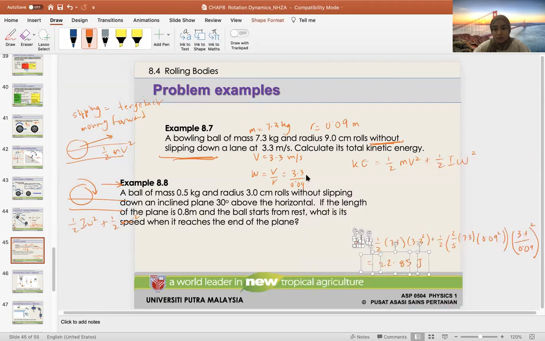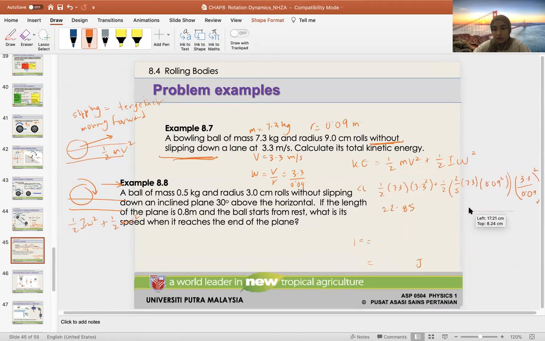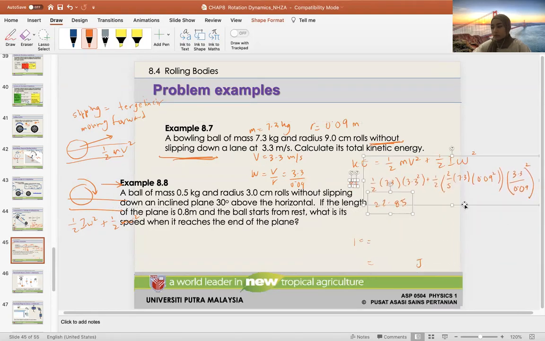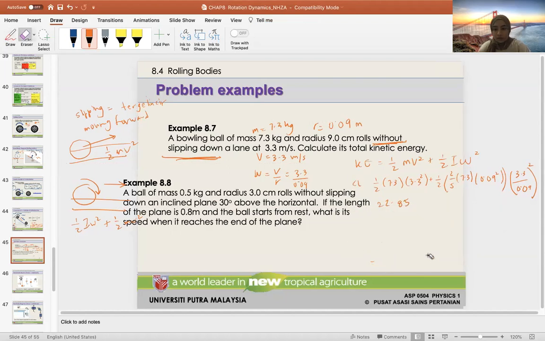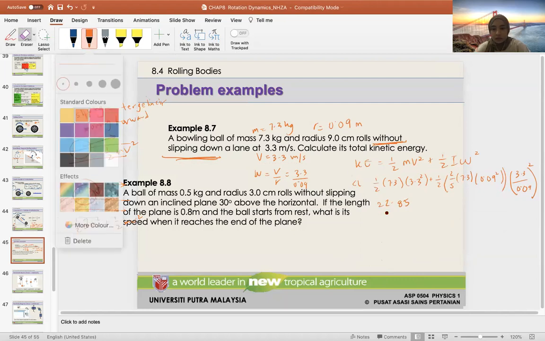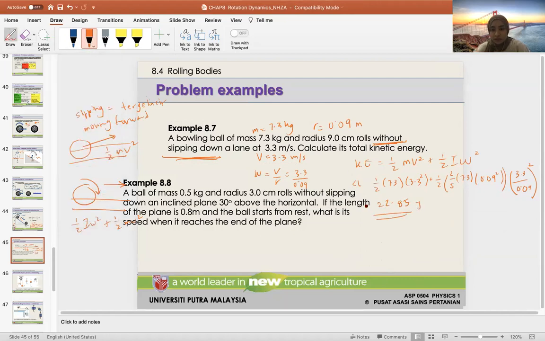Sekejap. Kenapa dia tak select? Oh, okay, thank God. Dude, cooperate. Okay, tak apalah. Nanti itu saya tulis. So that is your answer. The answer is 22.85 joules.